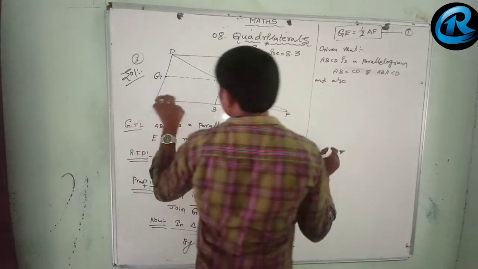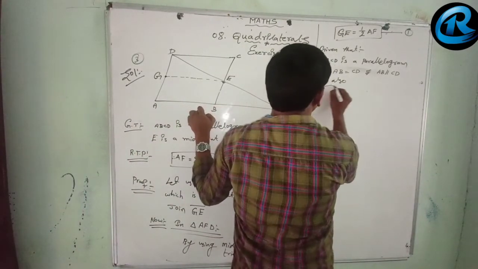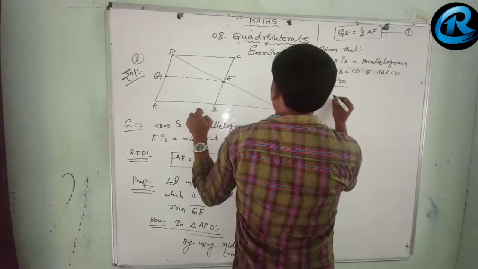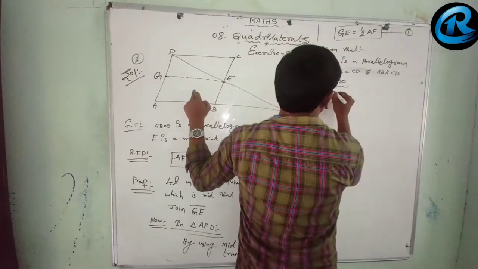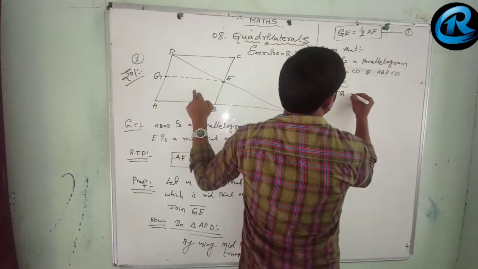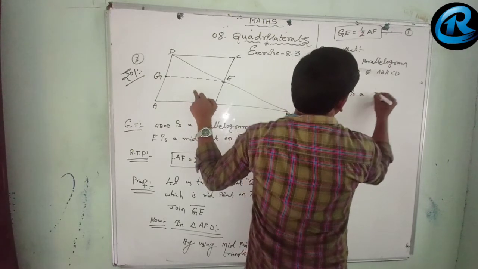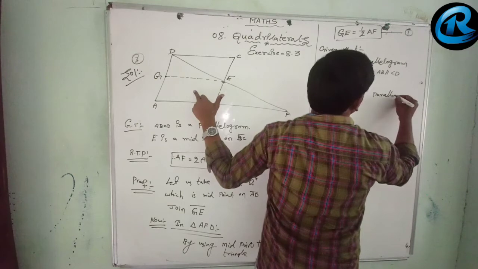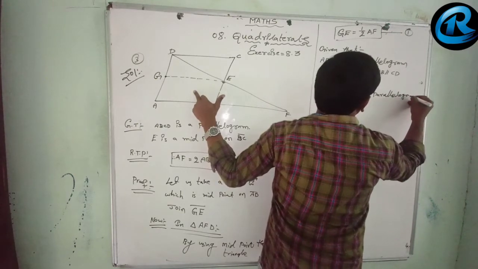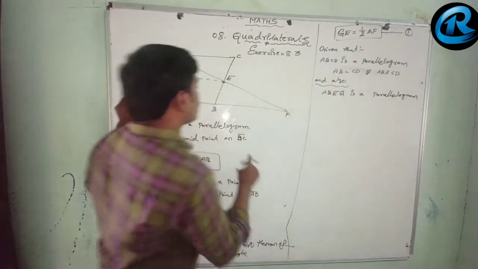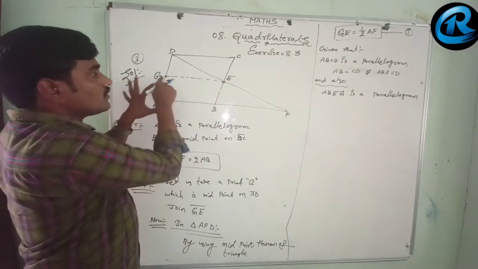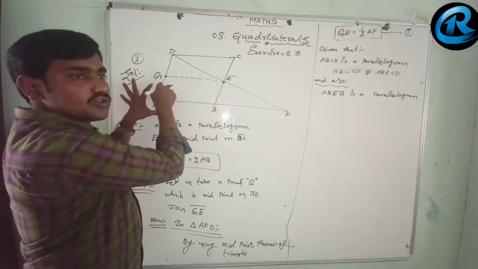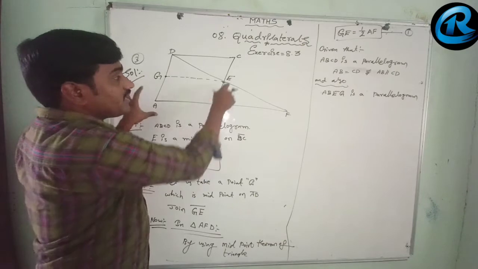ఎందుకు ఈక్వల్ అవుతాయి? So here ABEG is a parallelogram because ABCD is a parallelogram, no? Then ABEG also a parallelogram.